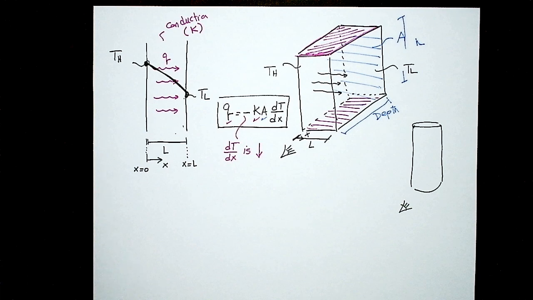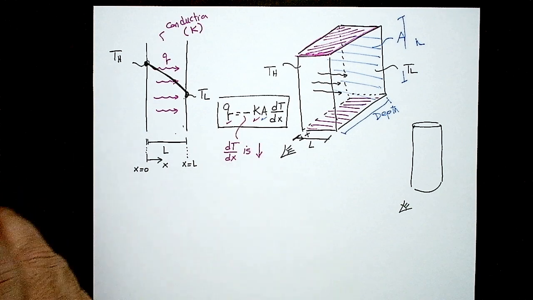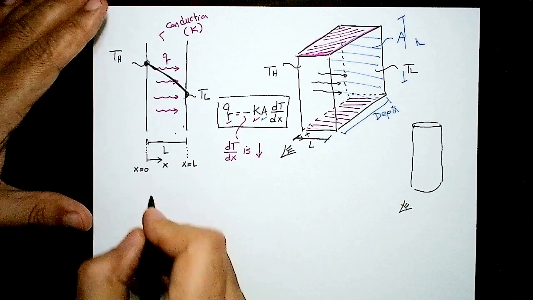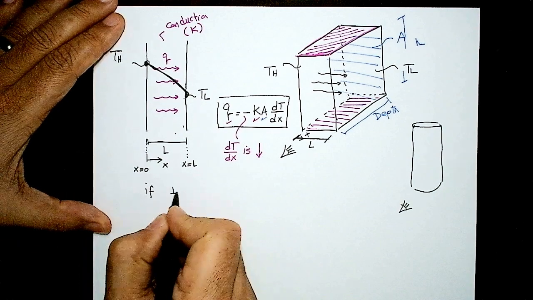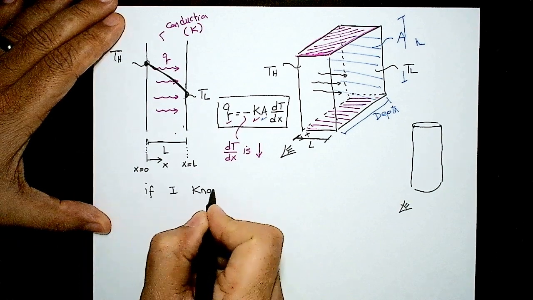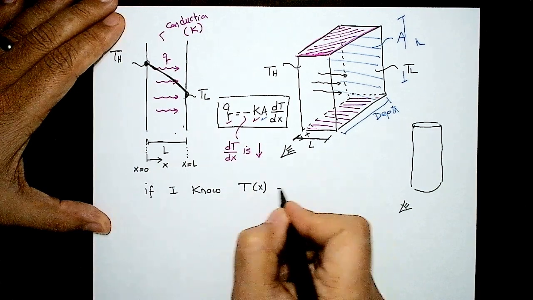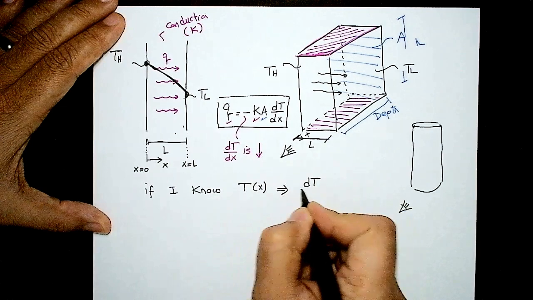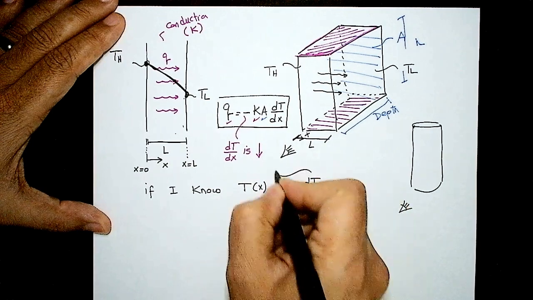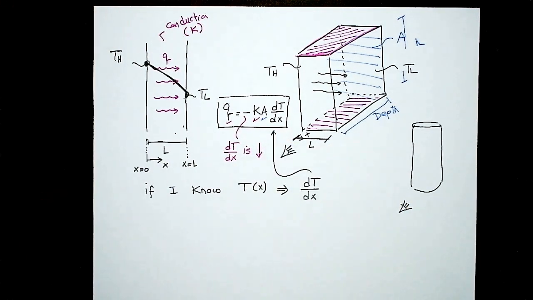That's explained. So how are we going to use this equation to solve that problem? So far, I can't unless I know T as a function of x. Then I can take the first derivative, dT by dx, and substitute into the equation, right? And this will happen in the advanced class within that course.